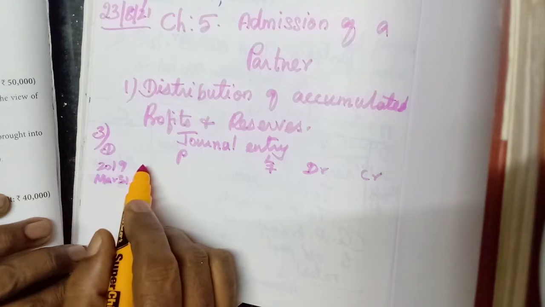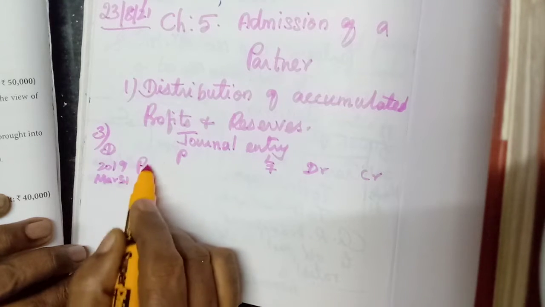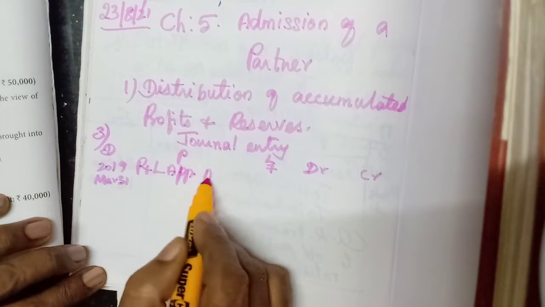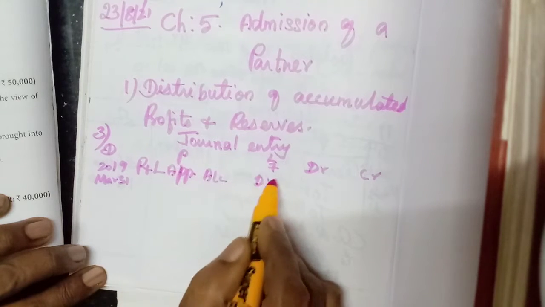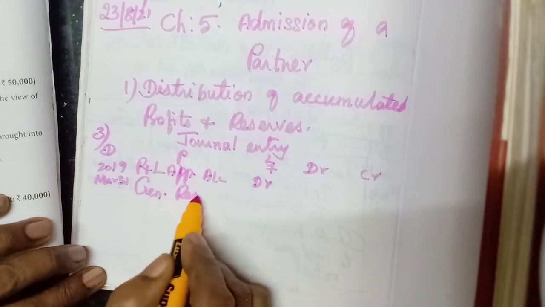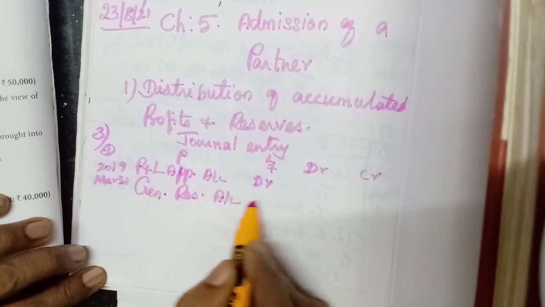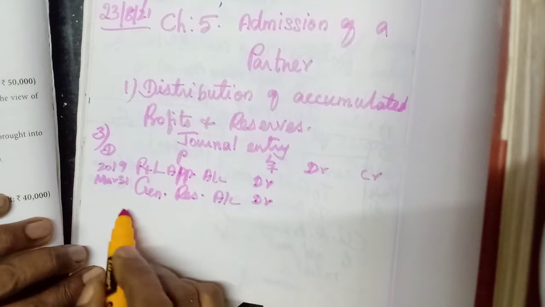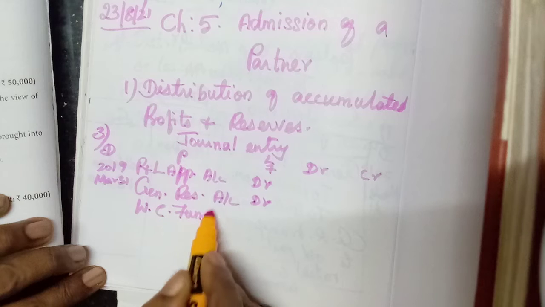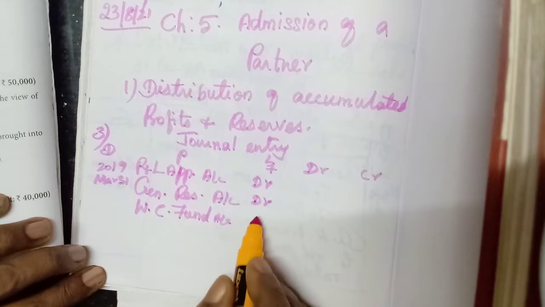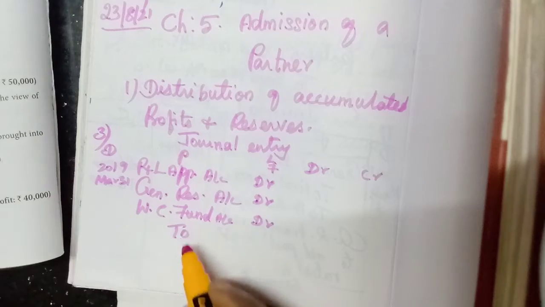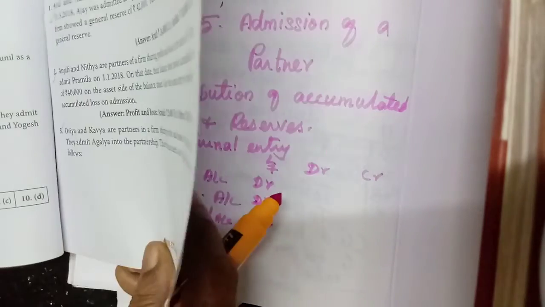Then what all to debit? Profit and loss appropriation account debit, general reserve account debit, workman compensation fund account debit, to the two old partners, Ovia and Kavya.